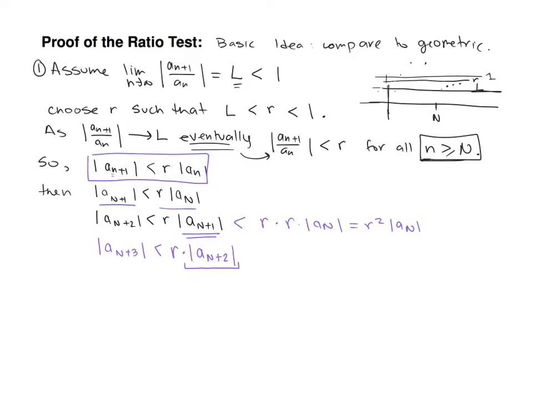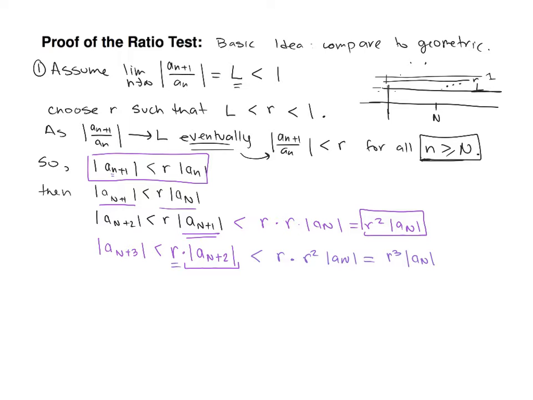R squared A sub n. Didn't I just say this? Right? A sub N plus 2 is less than that thing. So this is less than, that R is still there, R squared absolute value A sub N, which is R cubed absolute value A sub capital N.